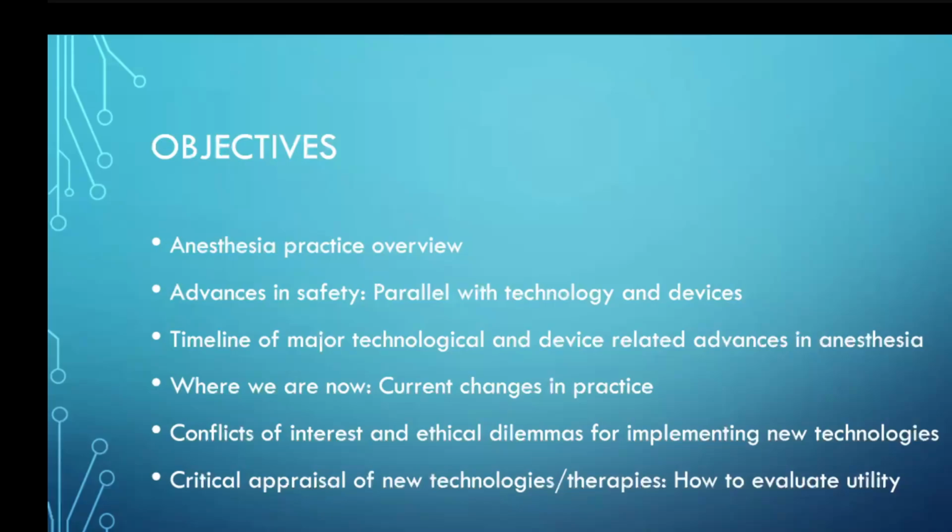We'll talk about where we are now and how practice is evolving in current day. And then we'll discuss how we look at devices, technologies, and new therapies from a 30,000 foot lens and determine what the conflicts of interest are, and how we know if something is actually going to improve patient care and be helpful, or is just something that's marketed very well and might not be the greatest thing for our patients.